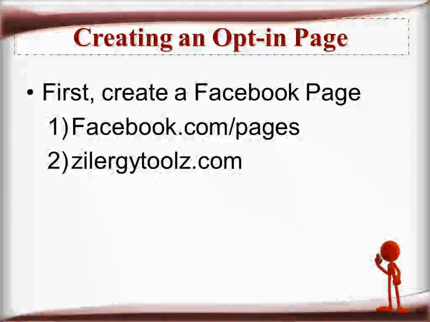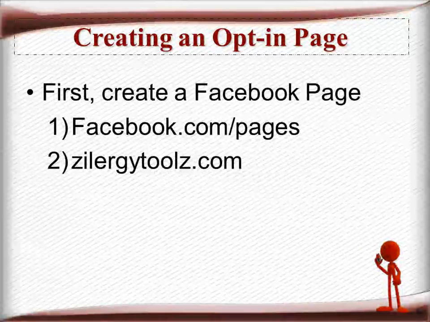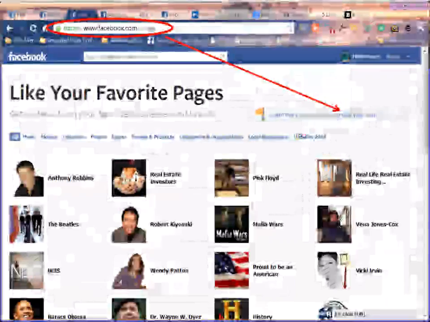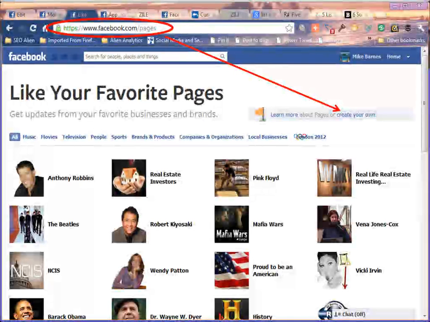So two steps here. First, you want to create a Facebook page. Now, there are two ways of doing this. If you do not have Zillergy, you're going to want to go to facebook.com/pages. If you do have Zillergy, you are going to use Zillergy tools to do it on the main dashboard. So on facebook.com/pages, right now they have it at the top right. It says create your own page and just follow the steps.